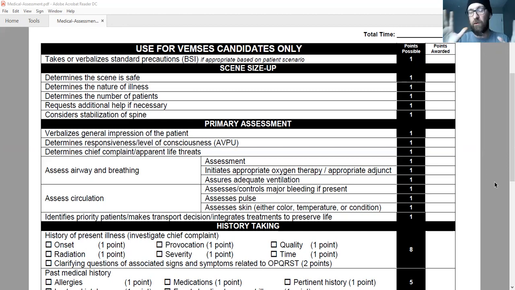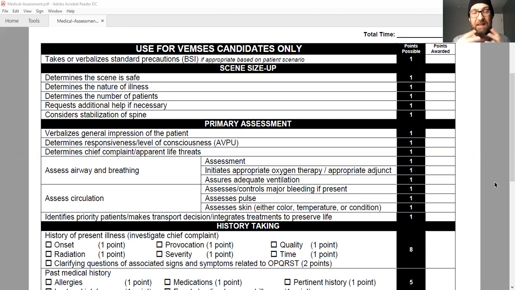So whatever your order is, whether it's A, B, C or C, A, B, you want to move through the entirety of that section. So move through the airway in its entirety, move through breathing in its entirety, move through circulation in its entirety before you move on to something else. So let's say if this was a trauma patient and they were bleeding profusely when we got to the scene, right?